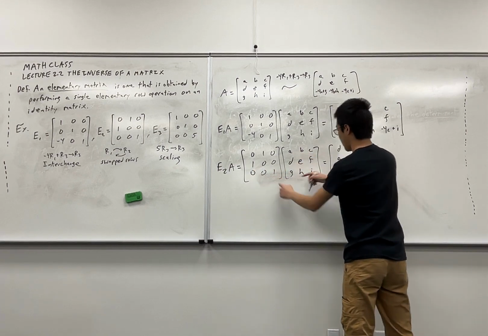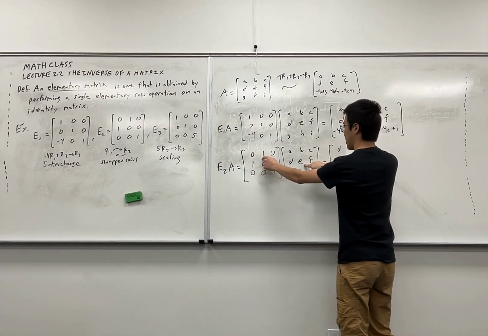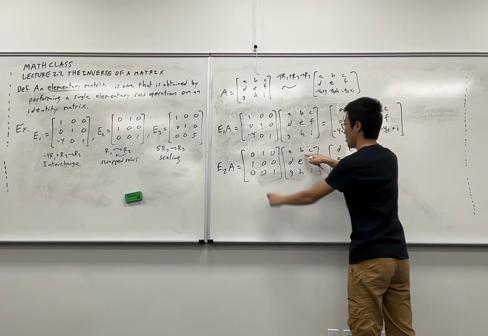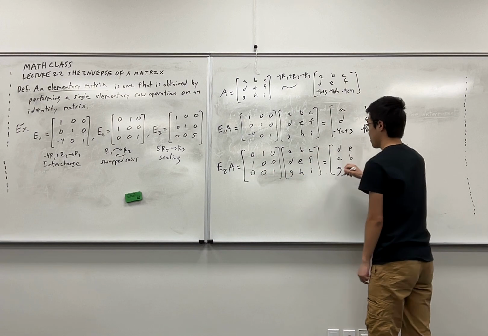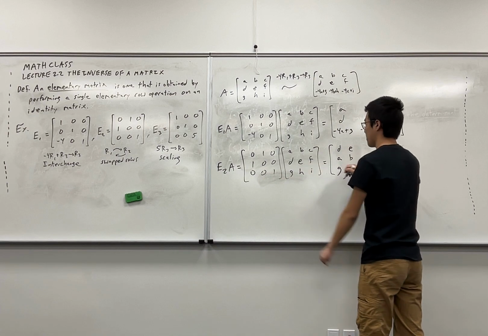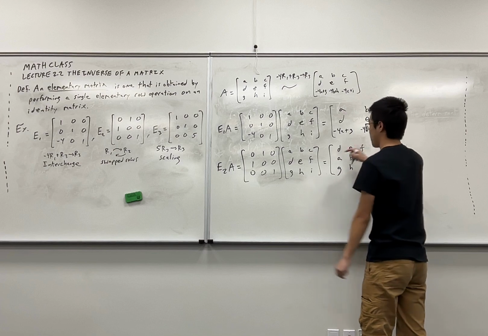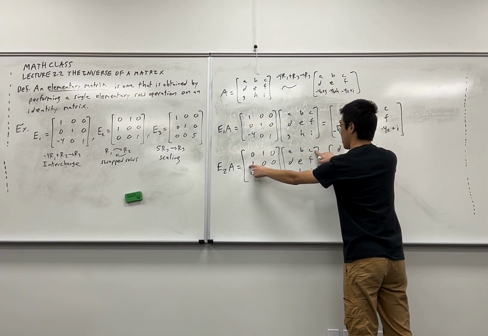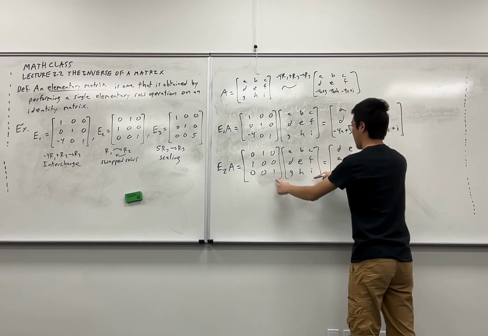Here, only the G survives. Second column, only the E survives. Only the B survives. And then only the H survives. Here, only the F survives. Here, only the C survives. And here, only the I survives.